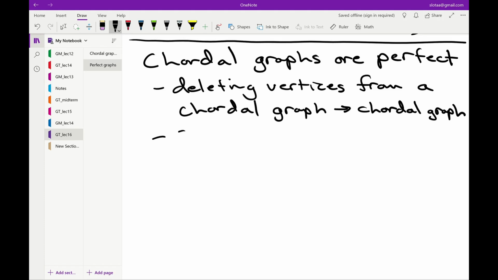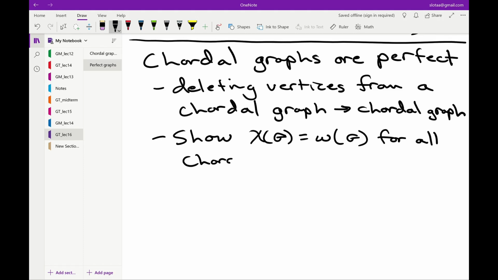So what we're going to do is show that the chromatic number of G equals the clique number of G for all chordal graphs.